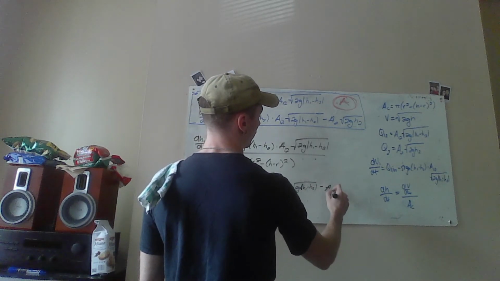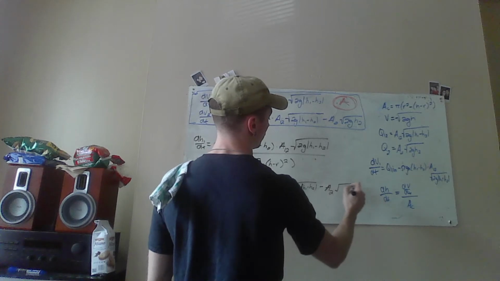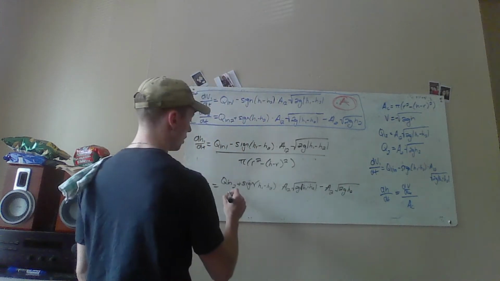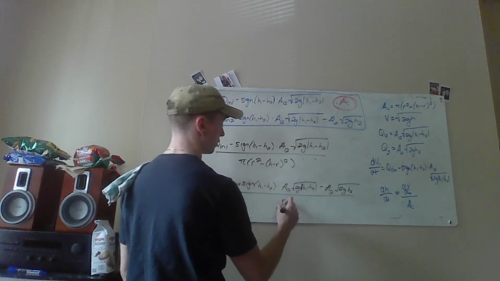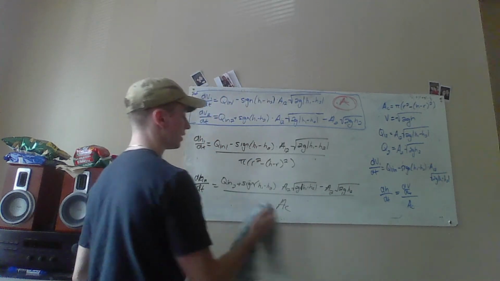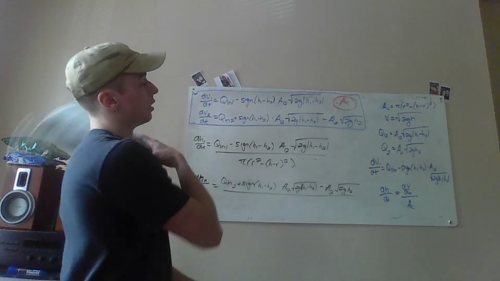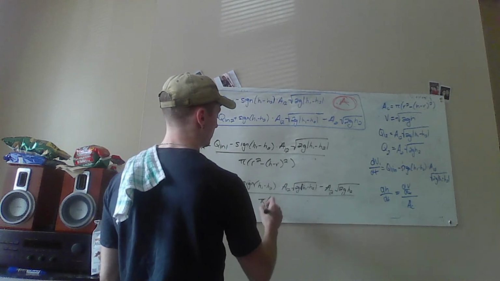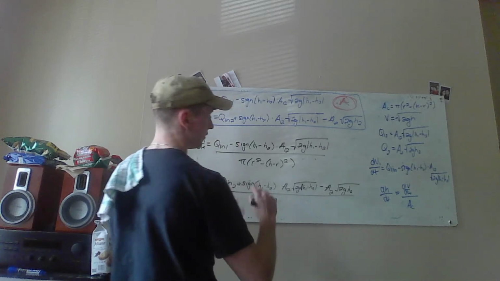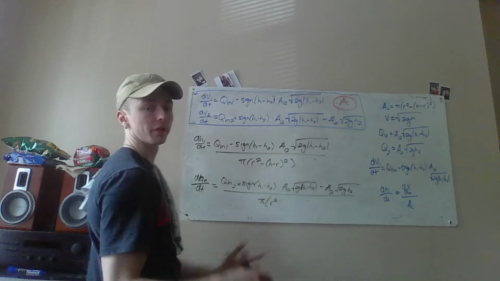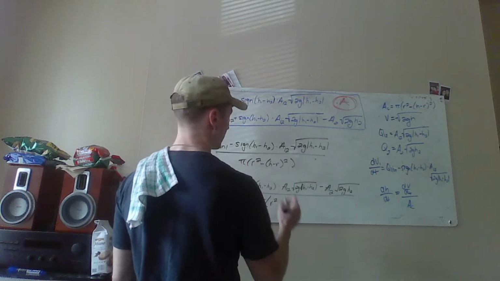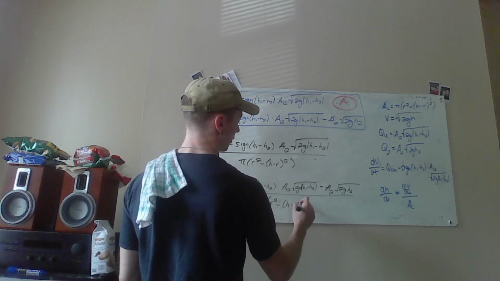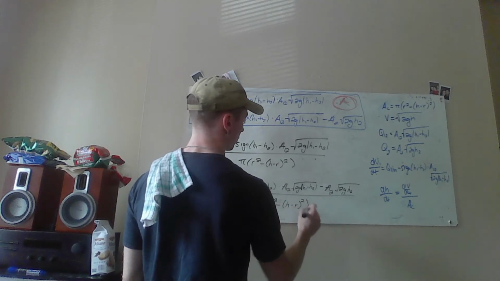minus the area of tank 2 times the square root of 2 times acceleration due to gravity times the fluid height in tank 2. All of this divided by the cross-sectional area, which again, like we did before, we can bring in, so that is equal to pi times the radius squared of that triangle that we've drawn, minus the height of the fluid in the tank minus the length of the radius itself, squared.